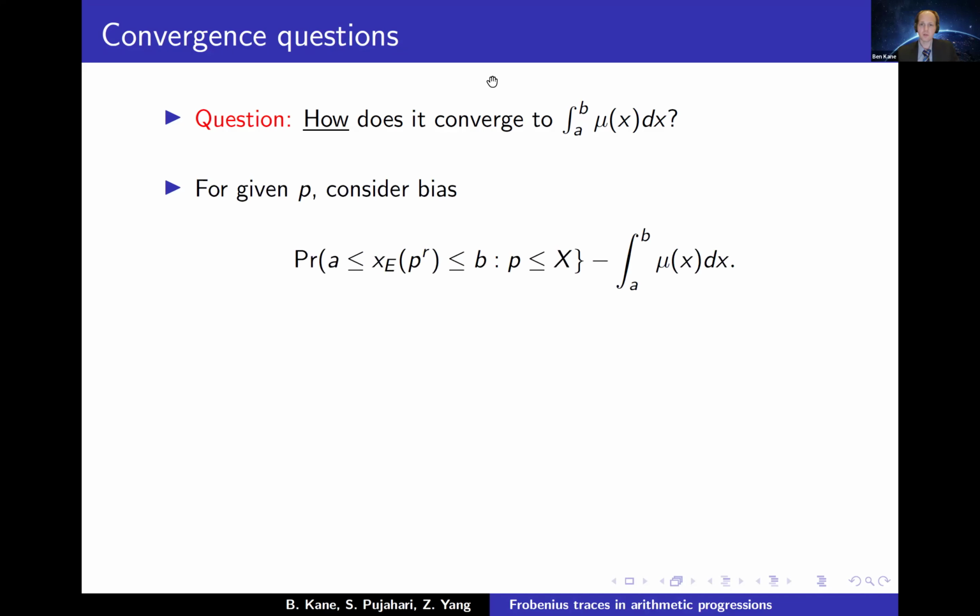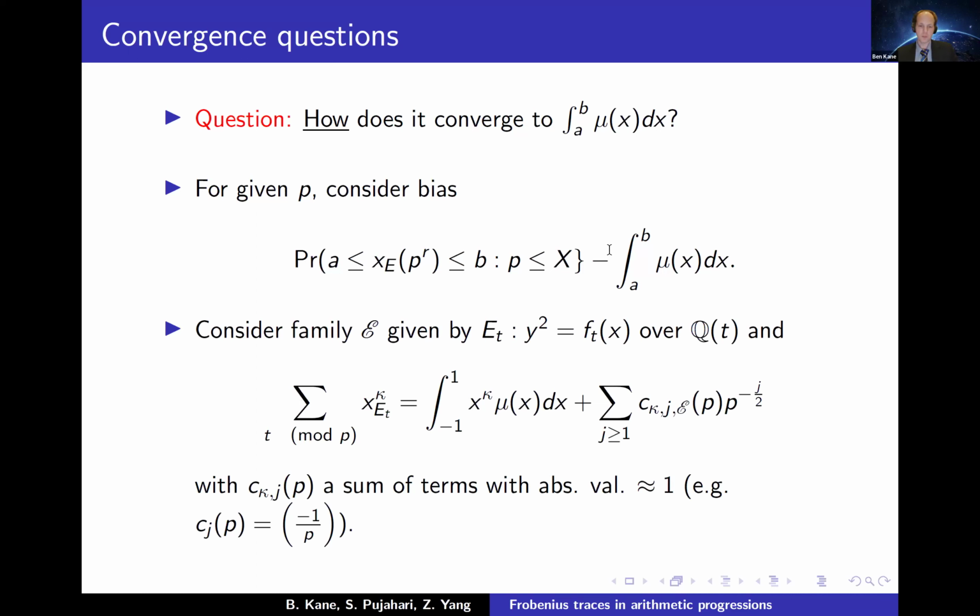So how big is the error term? Now, what I wrote down a moment ago says that that error term should be something like p to the minus 1/2 plus epsilon, or at least that's what we can prove. But you can ask the question, does this difference converge or not? So what about the error term?